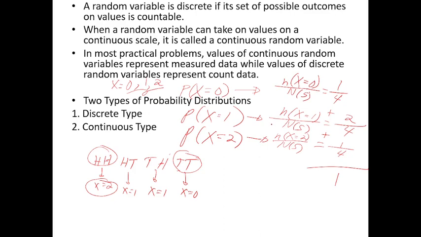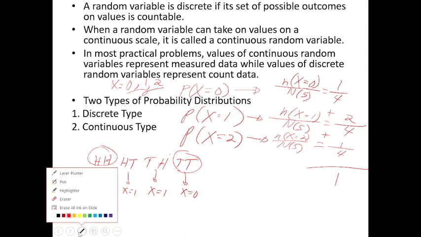So, yun ang probability distribution. So, it concerning random variable. So, probability distribution of a random variable in short. So, two types of probability distributions. Meron tayong discrete type na probability distribution and continuous type na probability distribution.